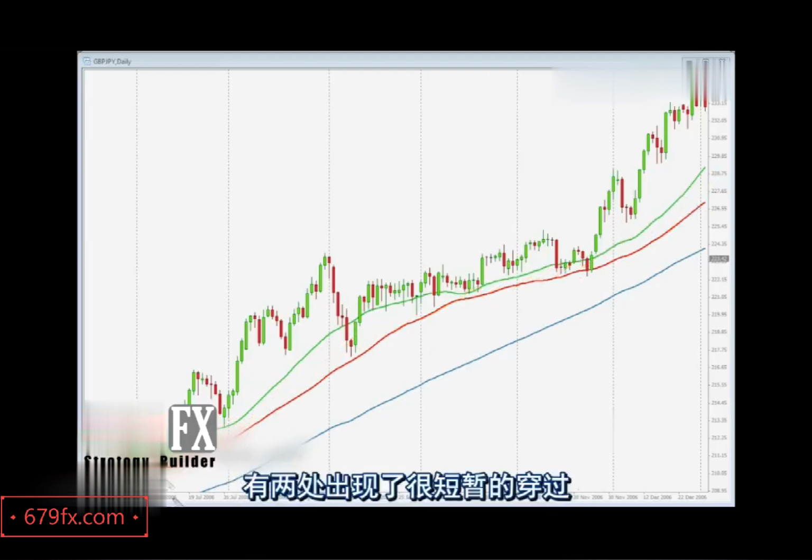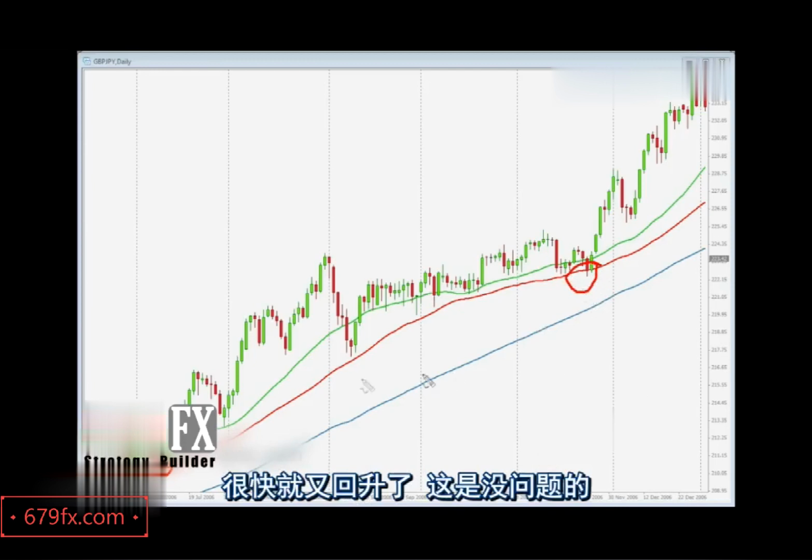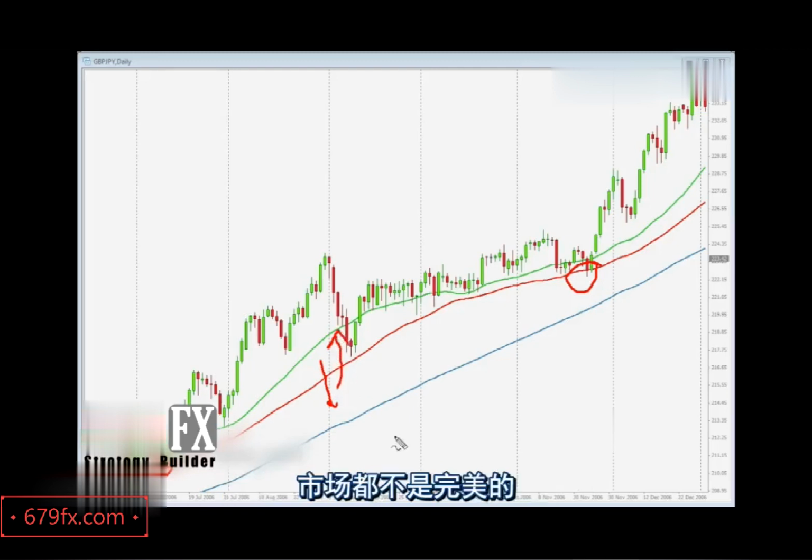We have a quick pierce below here and another quick pierce below there, but immediately after it shoots back up. That's all right. Markets are not perfect.